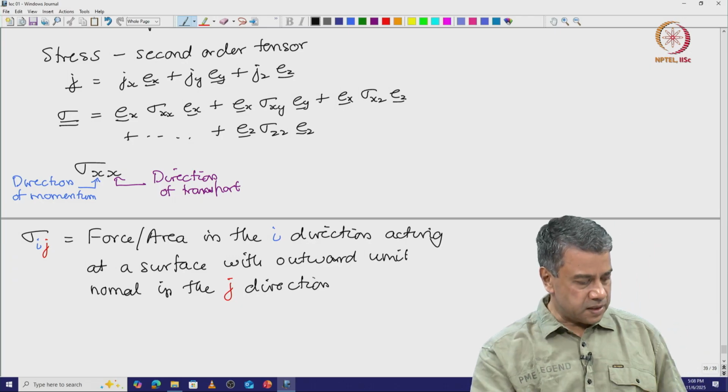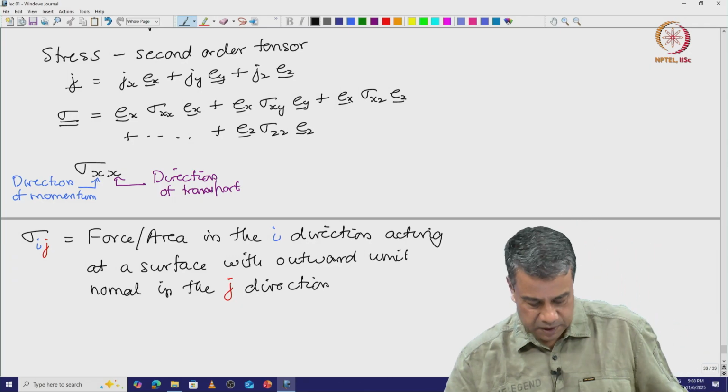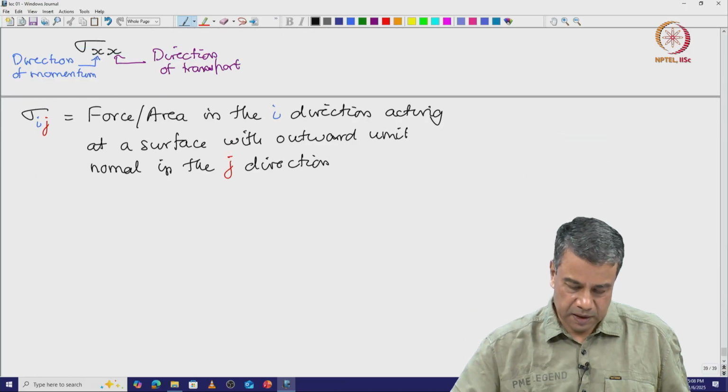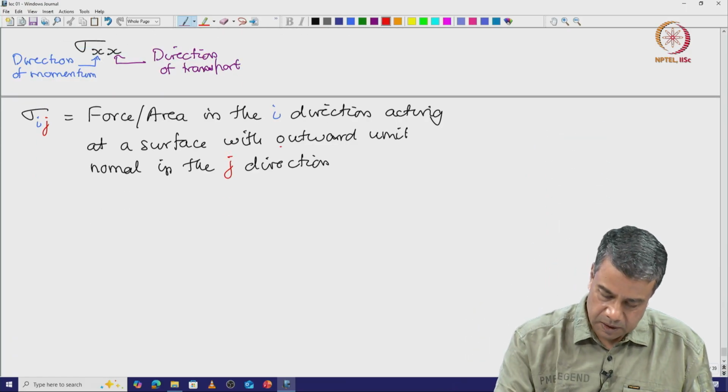So, that is the definition of the momentum transport at a surface. Note that I have defined it with respect to the outward unit normal.